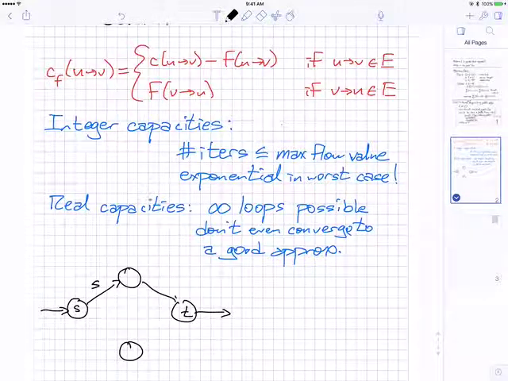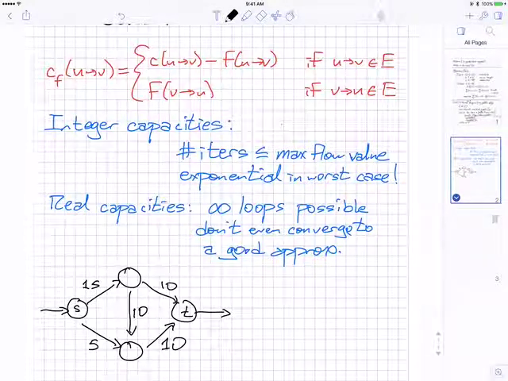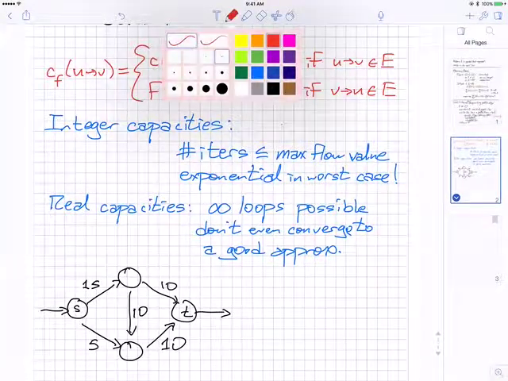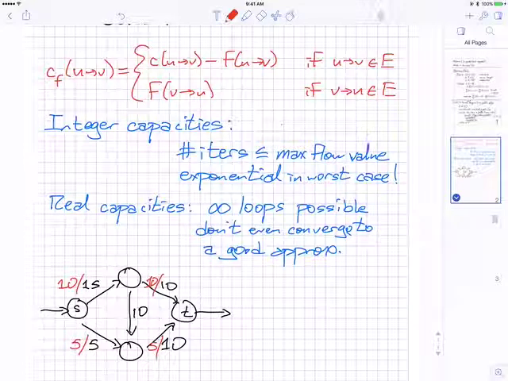Let's imagine that I have these capacities. And then I'm going to send, say, 5 units of flow through this bottom path and 10 units of flow through this top path, and no flow is going through this center edge.